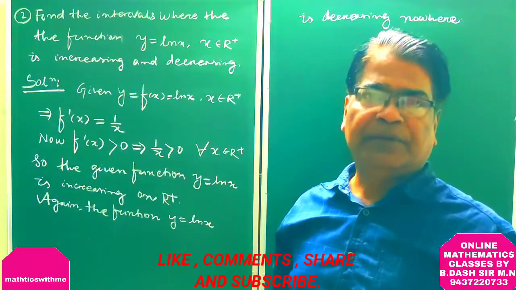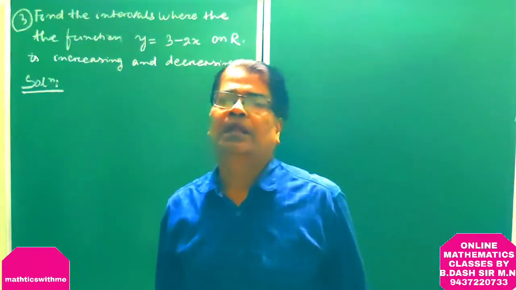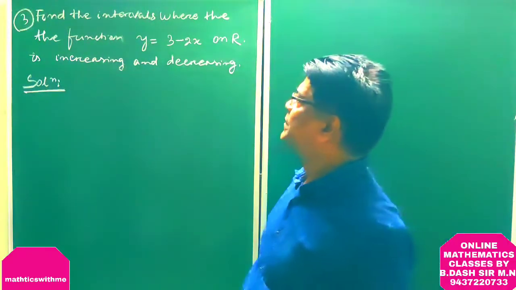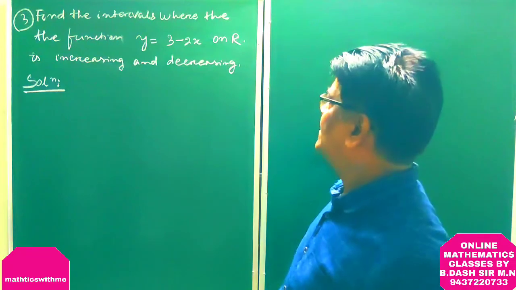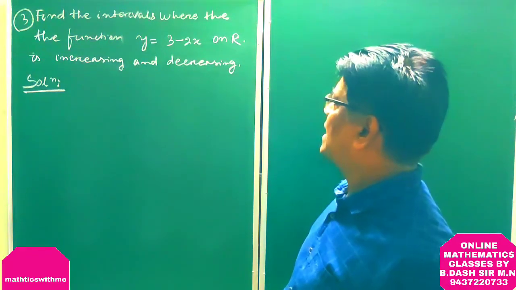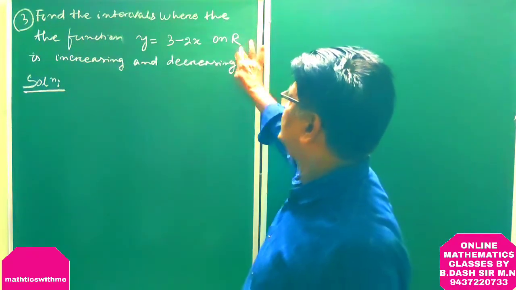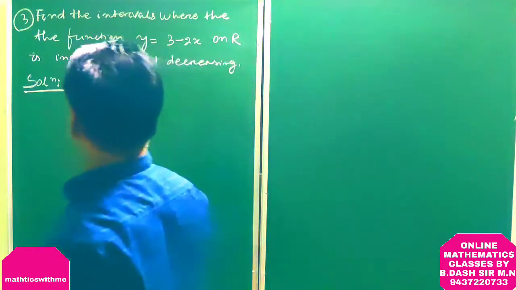Let us proceed to the next question. Our third question is, find the intervals where the function y = 3 - 2x on R is increasing and decreasing.